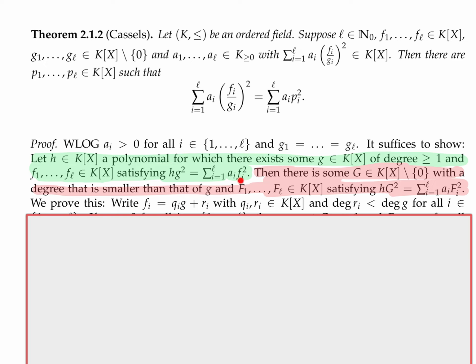So you divide the fi's by the g. So that's the quotient, that's the qi, and that's the rest, right? The ri is the remainder. So division with remainder: the quotient is qi, and ri is the remainder. And the degree of the remainder should, of course, be smaller than the degree of g, because I divide fi by g. Okay, and it might be 0, of course, when the zero polynomial has degree minus infinity.